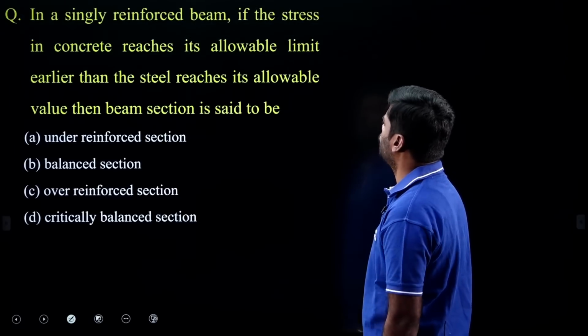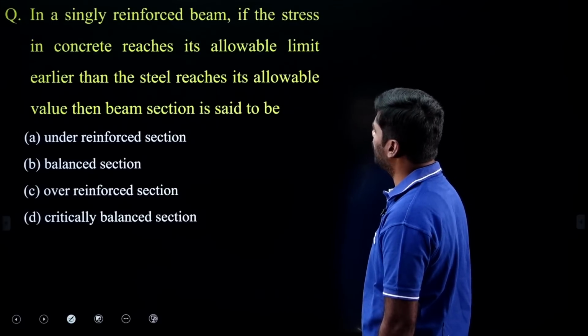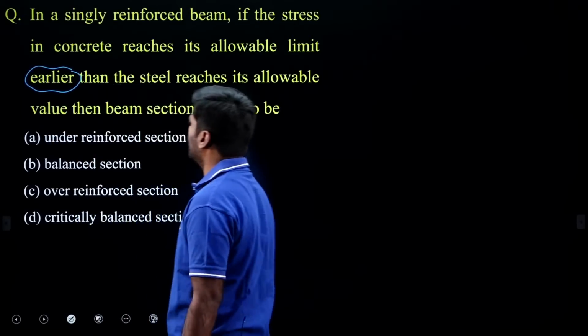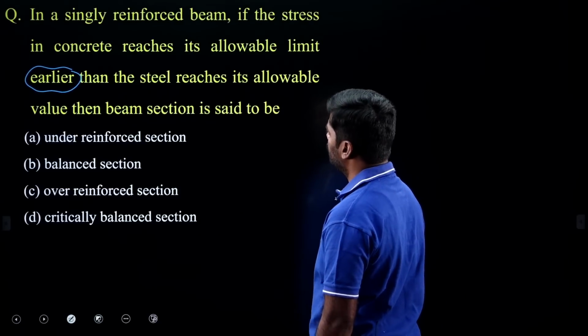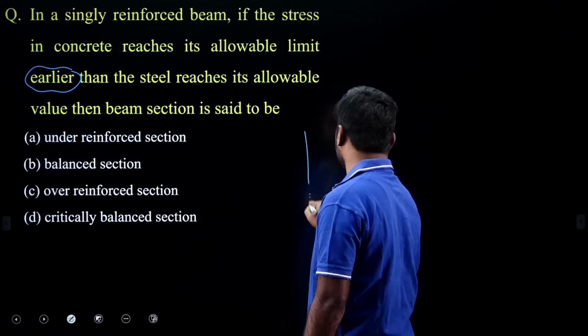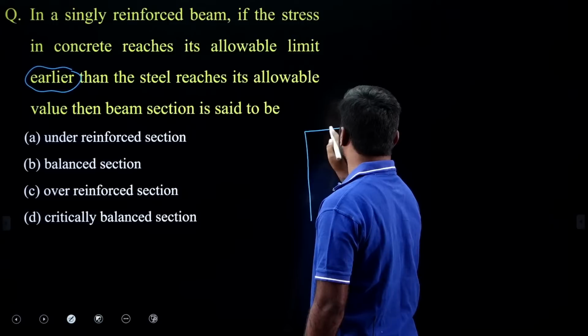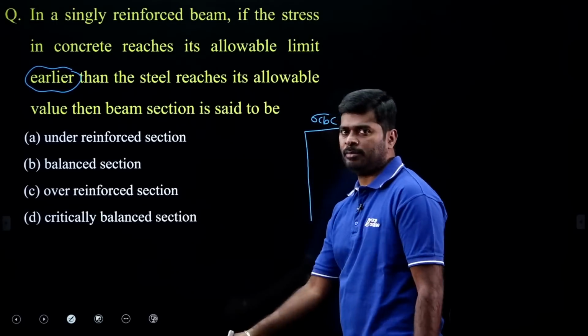In a singly reinforced beam, if the stress in concrete reaches its allowable limit earlier, important this word, earlier than the steel reaches its allowable value, then the beam section is said to be, it is a stress diagram. Stress in concrete reached its allowable value. Here allowable value or permissible value is sigma CBC.